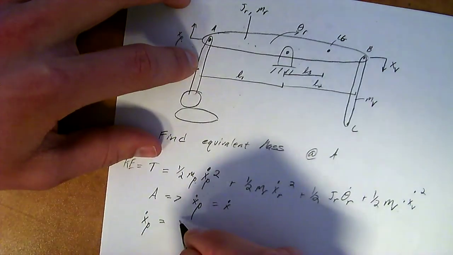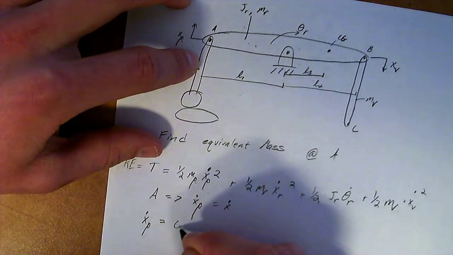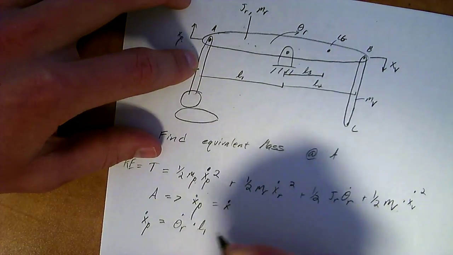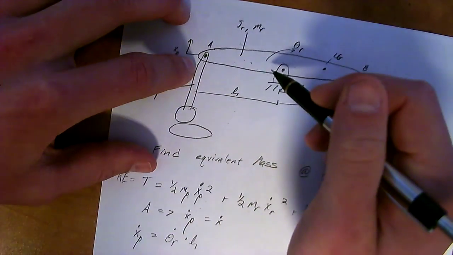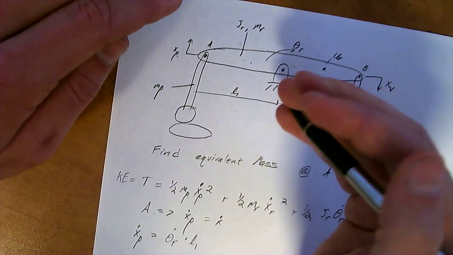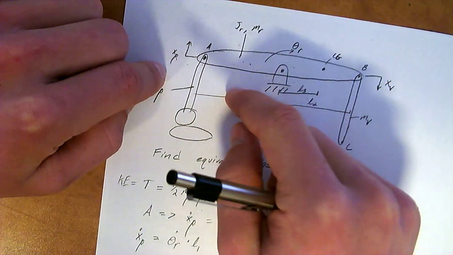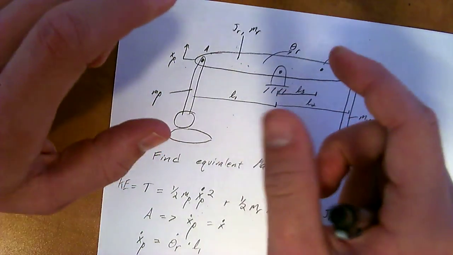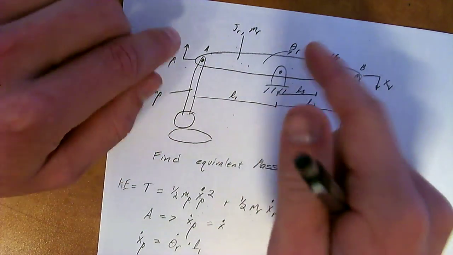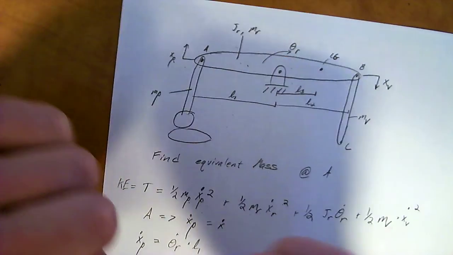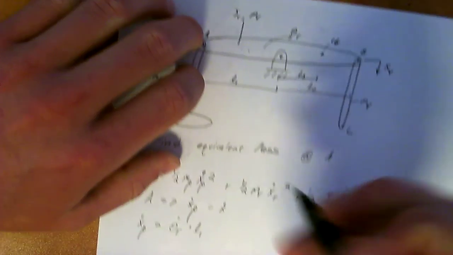So xp is equal to theta dot r times L1. Because we're basically saying it's a small angle, and at a small angle the displacement of xp is just going to be theta times L, because if it's a really small angle, the sine of the angle is basically the same as just the angle.